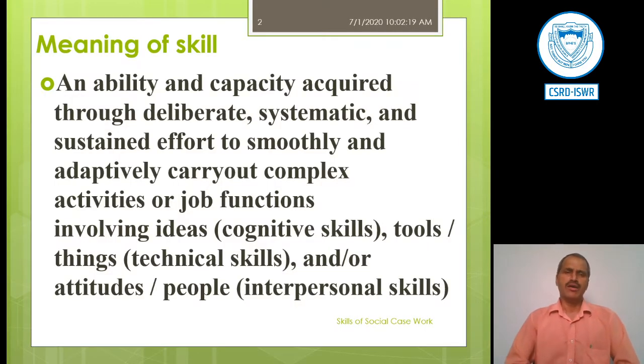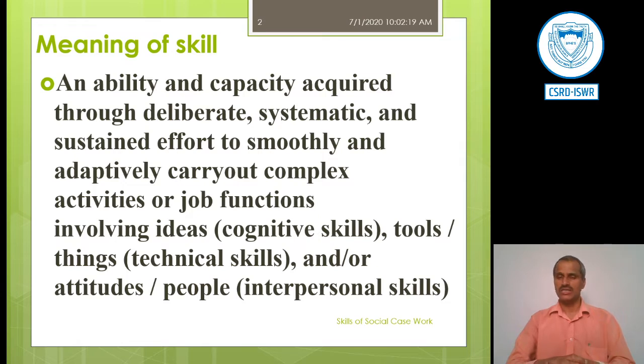What is the meaning of skill? Skill is an ability and capacity acquired through deliberate, systematic, and sustained effort to smoothly and adaptively carry out complex activities or job functions involving ideas.